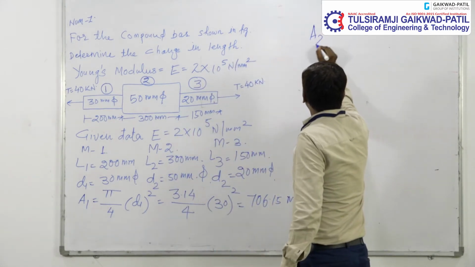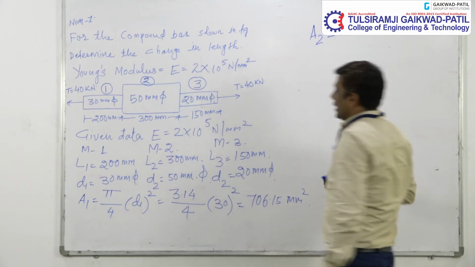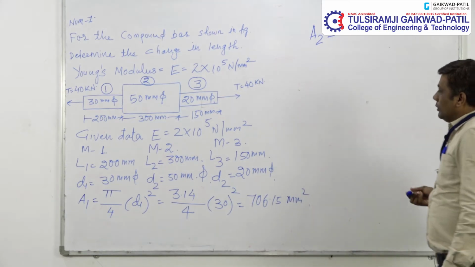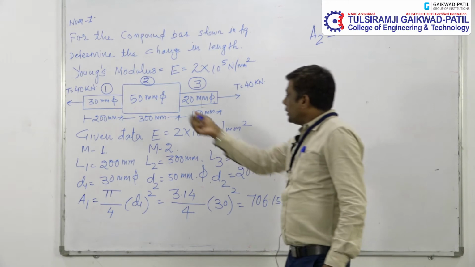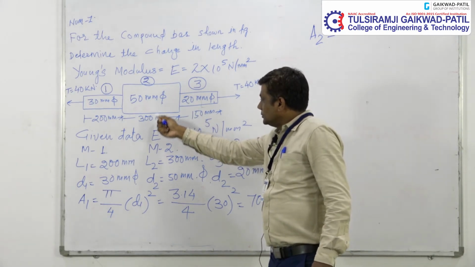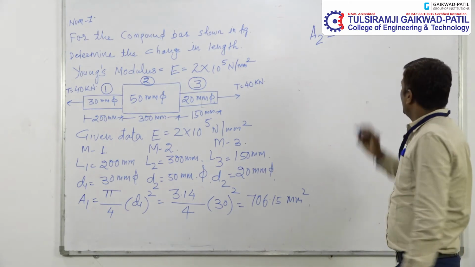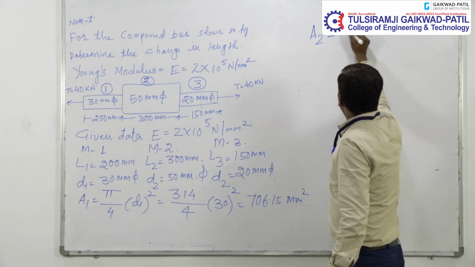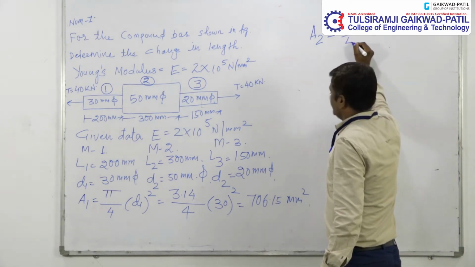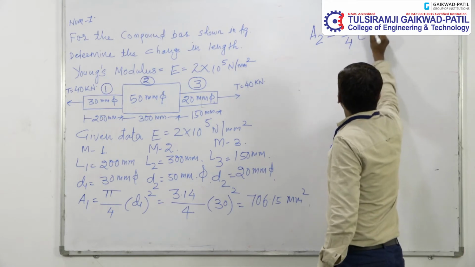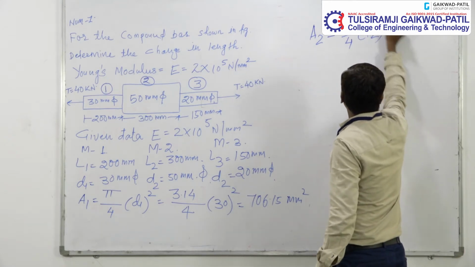Now we are going to calculate the area for material number 2. For material number 2, the diameter is given as 50 mm. So you just put the value pi by 4 d2's whole square.